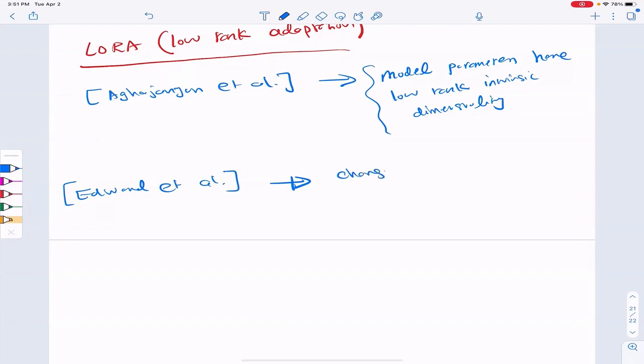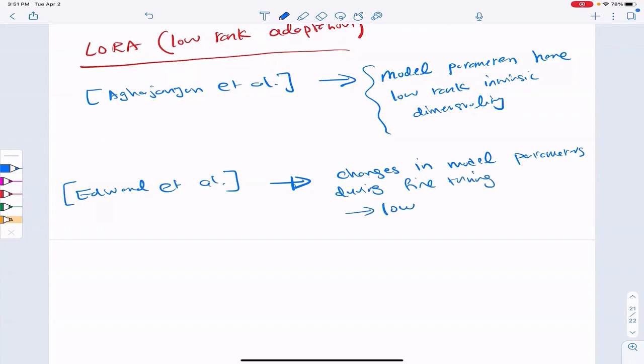Changes in model parameters during fine-tuning often have low intrinsic dimensionality. That was the observation they made empirically.